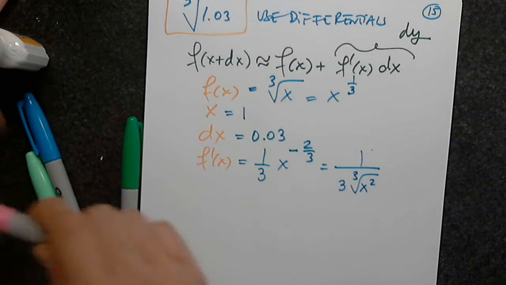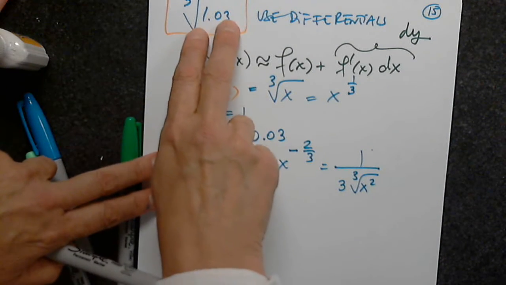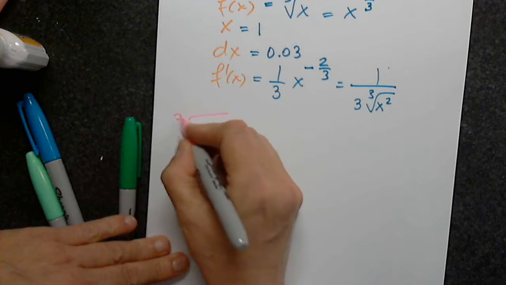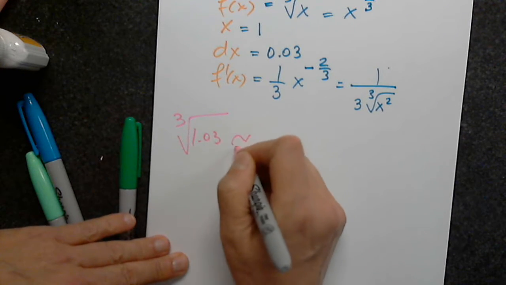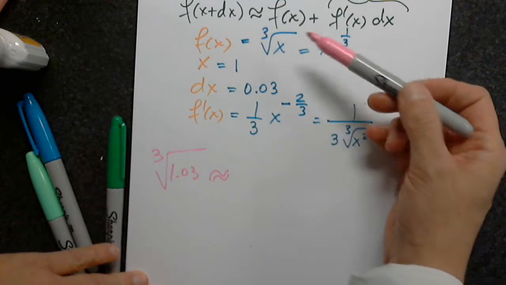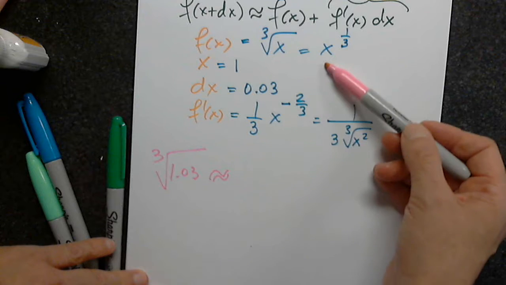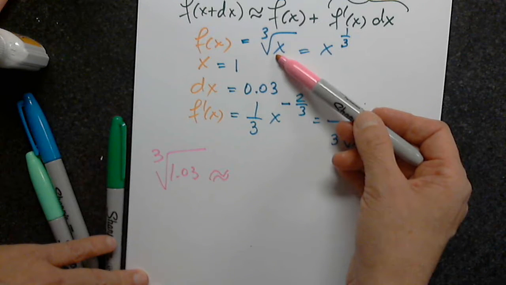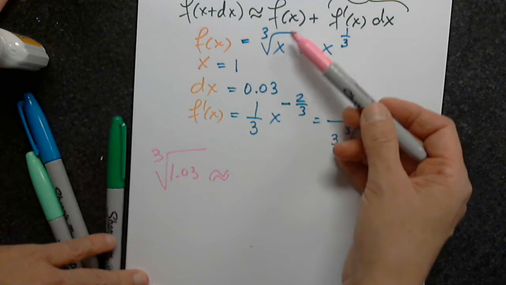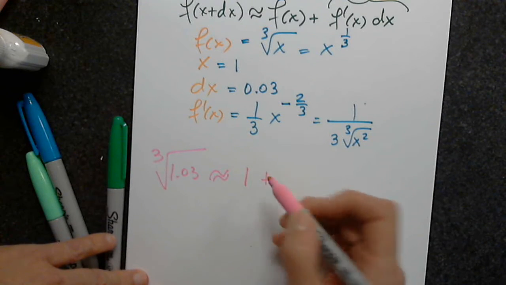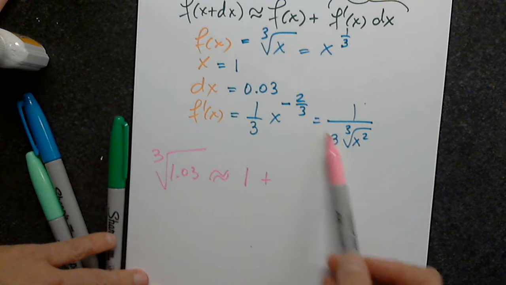Now we're putting all these pieces together. The left-hand side is this. I have to copy exactly what I have. So the cube root of 1.03, approximately. F of x. So in f of x, I plug in 1. What do I get? How much? 1. Very good. Plus. In f prime, I plug in 1.